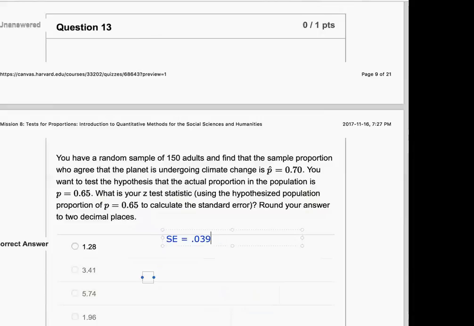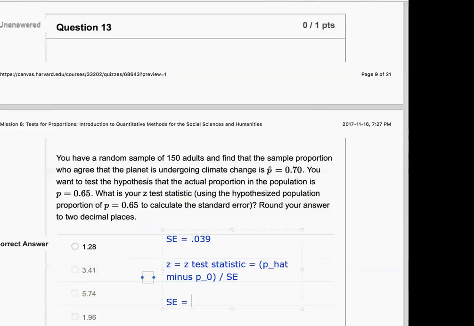The z-test statistic is basically p hat minus p naught: our sample statistic minus the hypothesized one, or any two estimates, divided by the standard error of the sample, which is our best guess at what the population standard error is.